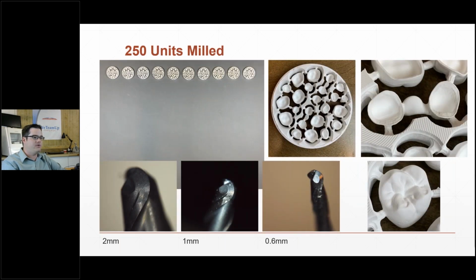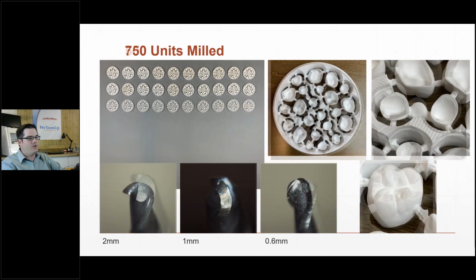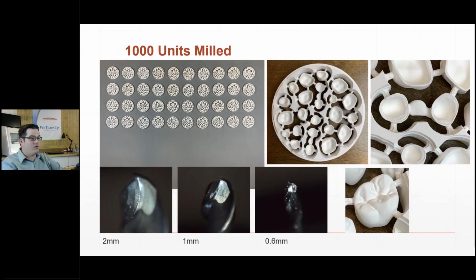And 250 units, looking good still. 500 units, we're starting to see a little bit of wear facet on the 1 millimeter, tiny wear facet, but nothing to be worried about, still getting very good results. 750 units, it's essentially the same situation. And then around 1,000 units, I'm starting to see some wear on my 1 millimeter. And it's still got some life in it, but the test was just to illustrate a 1,000 unit run.